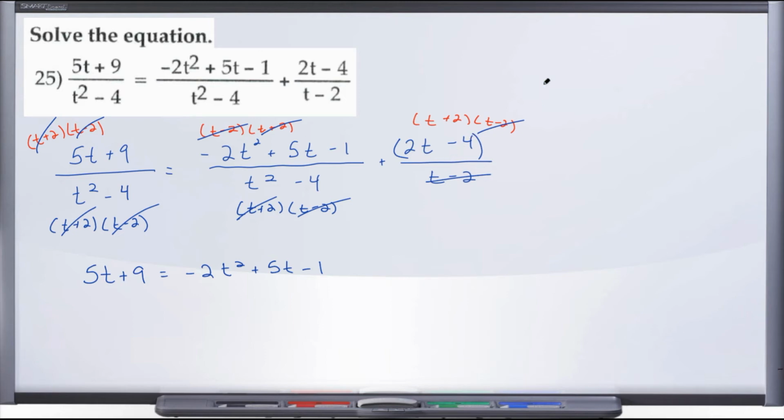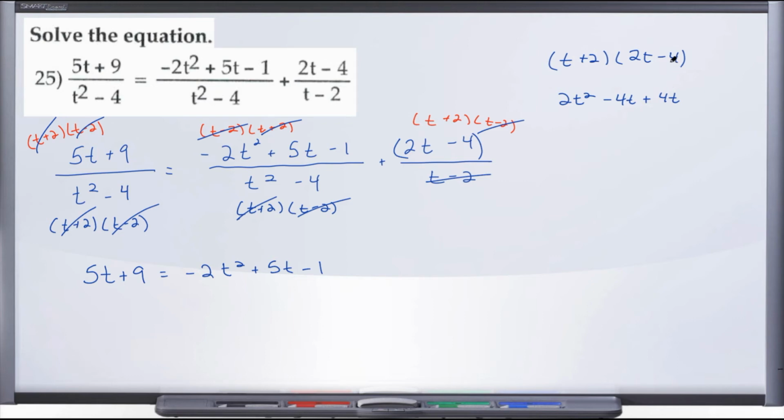So let's see what happens. Let's go ahead and FOIL these two binomials out and see what we're left with. So t plus 2, 2t minus 4. Well, t times 2t gives us 2t squared. T times minus 4, minus 4t. 2 times 2t is plus 4t.